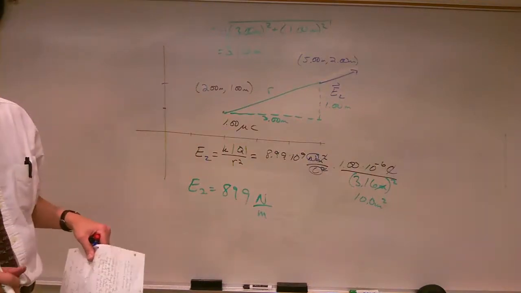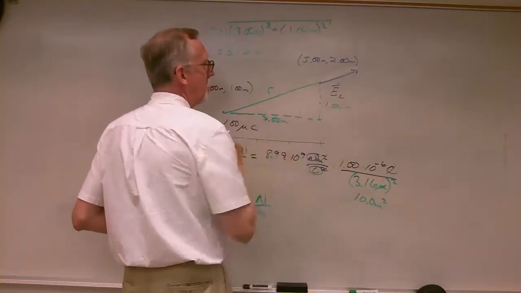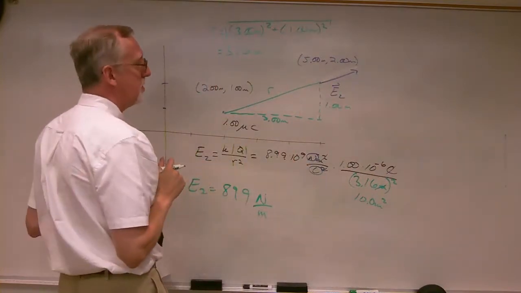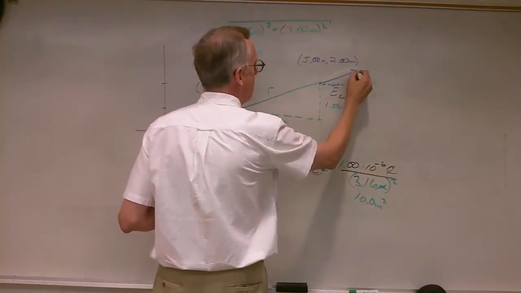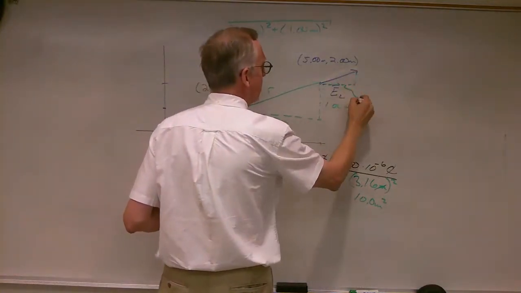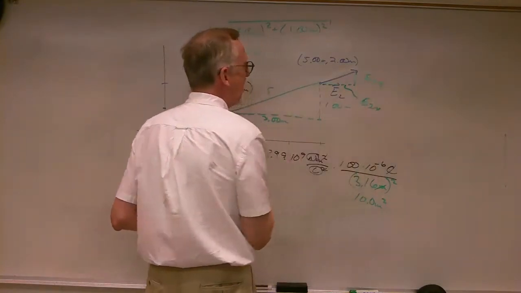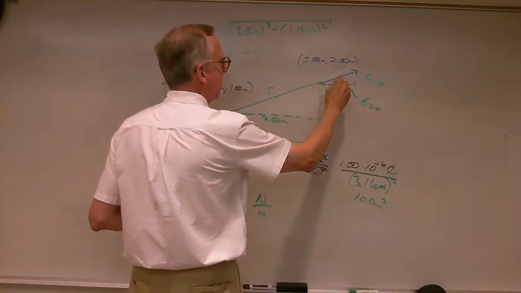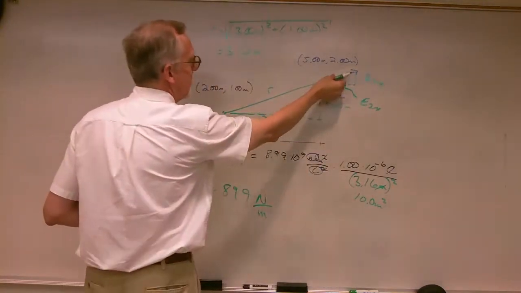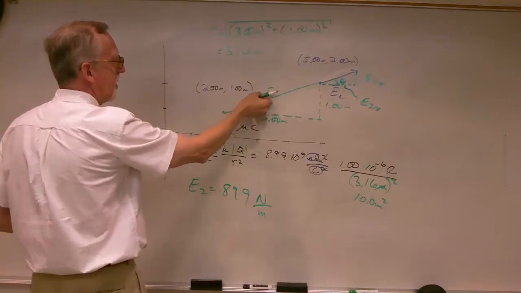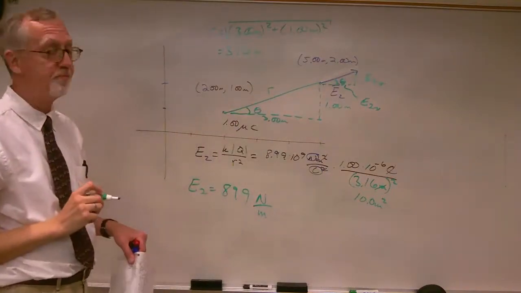Let's see if we can't break this down into components. E2 is no longer horizontal, so it's no longer in the x-hat direction. It's going up at some angle. We can break this down into E2x and E2y. But what's this angle here? We call that theta. What's that angle? Well, we know that line is a straight line right here, so that angle theta must be the same as that angle theta.